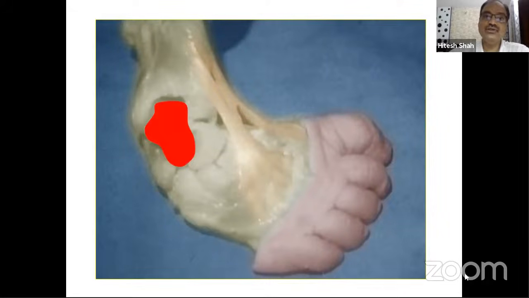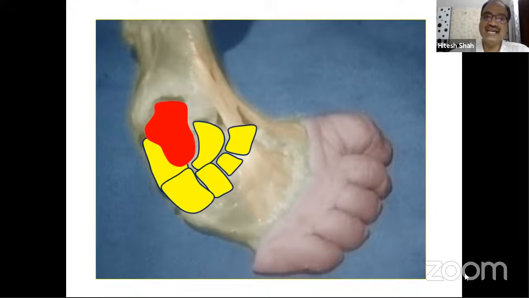In the dissected specimen, the head of talus is visible in red and all the tarsal bones are visible in yellow. So the navicular is shifted medially, and the rest of the foot follows the navicular.